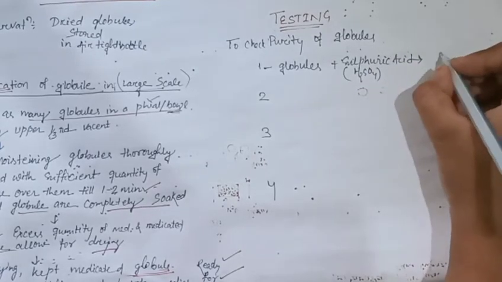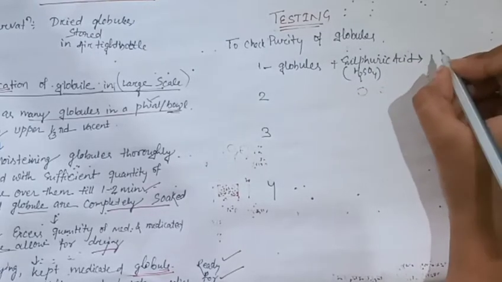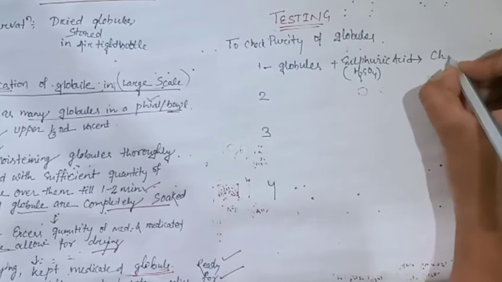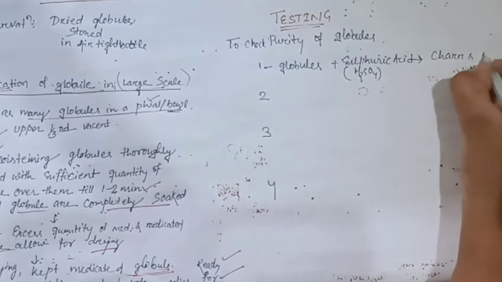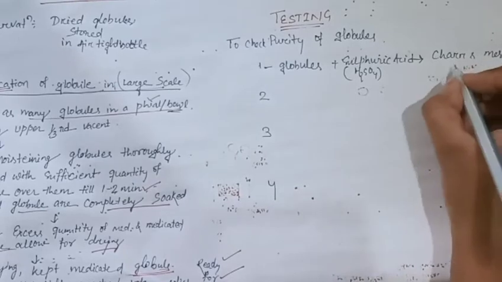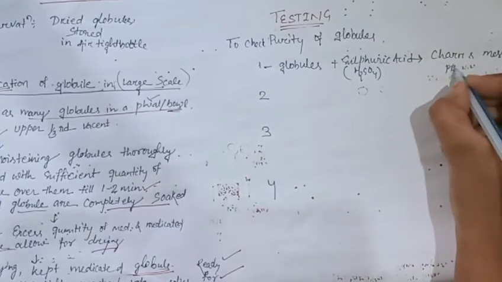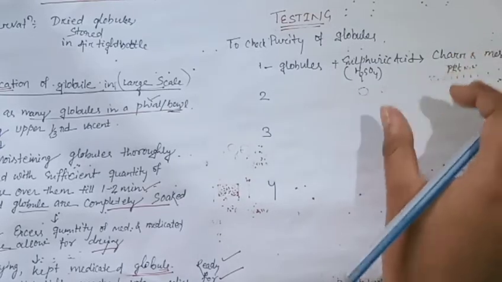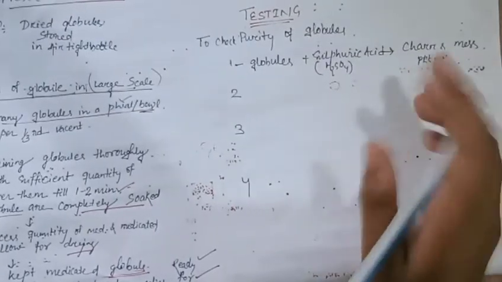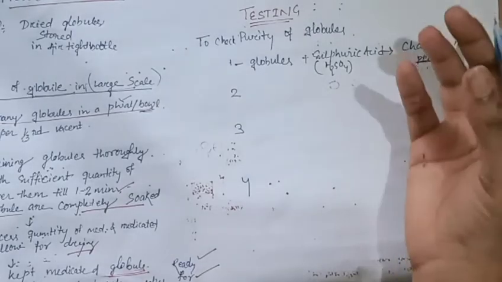Then it is decomposed and forms a charred mass. In other words, a chemical decomposition occurs, so that a precipitation-like substance is formed.